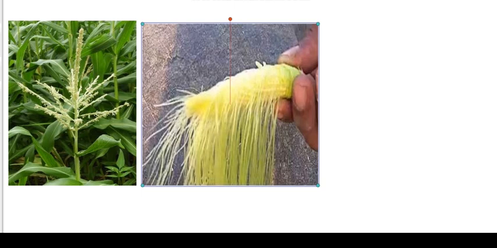So these pistillate flowers, when pollinated by wind, they produce the fruits, which are the grains, the caryopsis grains, which happens to be the corn fruit. So these flowers are said to be unisexual pistillate, and unisexual staminate flowers.